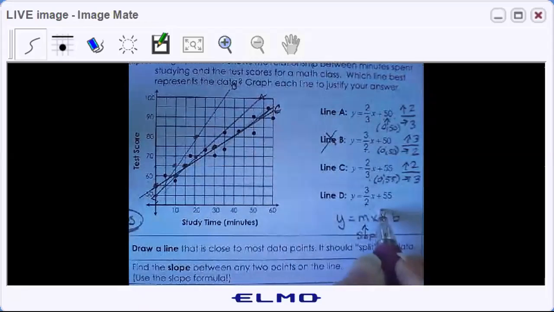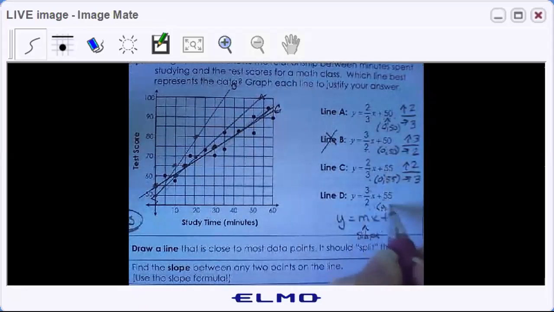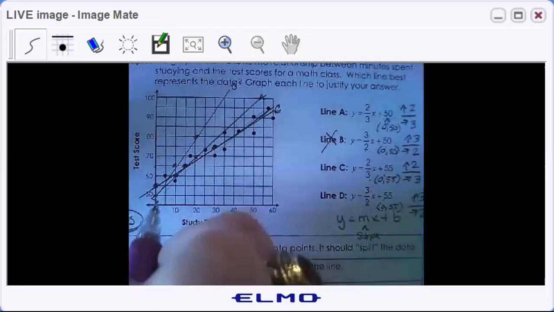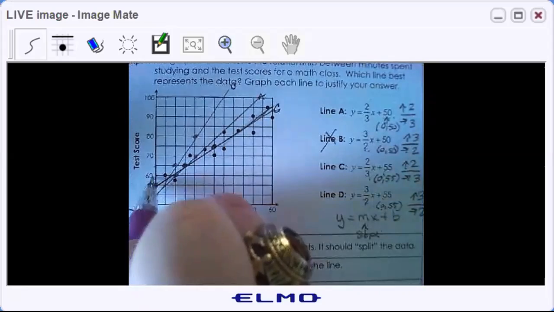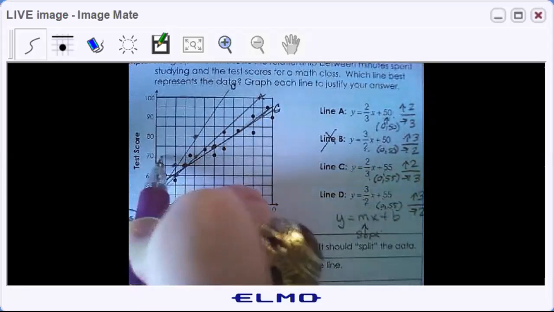Now let's look at line D. Line D has the same y-intercept as line C, but its slope changes. The slope here means up 3 and right 2. So let's see what we've got here. I'm going to start at 55 and I'm going to go up 3, 1, 2, 3, and right 2.